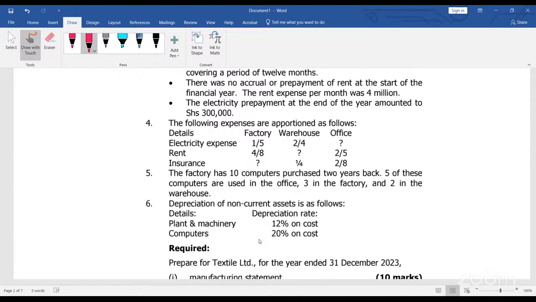The following expenses are apportioned as follows. They show you how you are going to apportion the expenses. The factory has 10 computers purchased 2 years back. 5 of these computers are used in the office, 3 in the factory, and 2 in the warehouse. Depreciation of non-current assets: plant and machinery, 0% on cost; computers, 20% on cost.